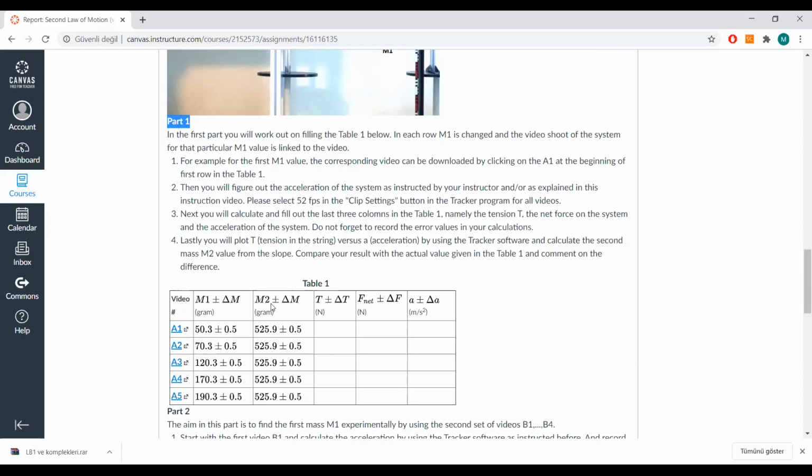The m2 mass is constant and 525.9 grams in each of these videos.